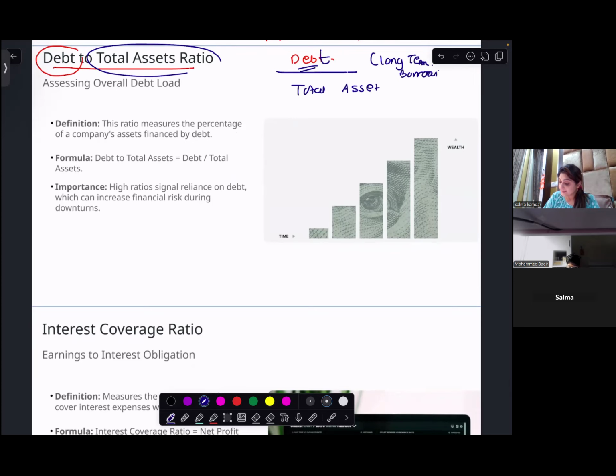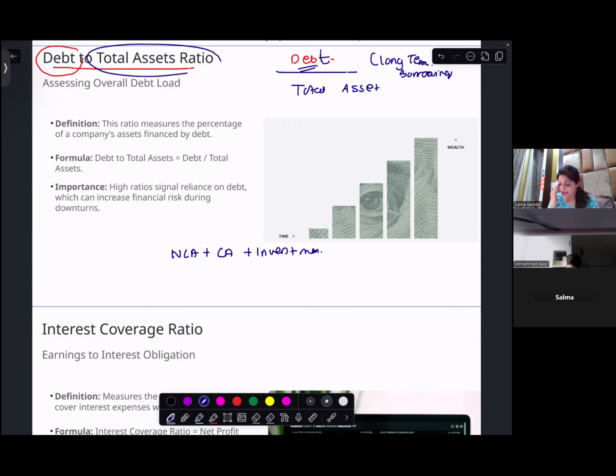Total assets means your non-current assets plus your current assets plus your investments. So, what does this ratio tell you?